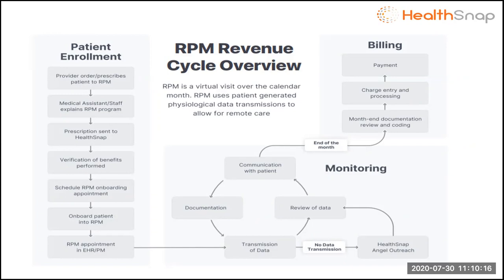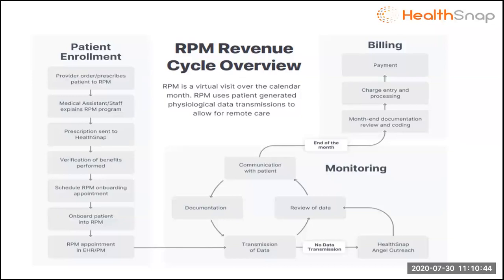RPM is a virtual visit over the calendar month that uses patient-generated physiological data transmissions to allow for remote care. The 57 and the 58 codes for the documentation and communication is over the calendar month. And since that is where the RVU work lives, we want everyone to understand that this is an appointment that takes place monthly over the duration of the program.